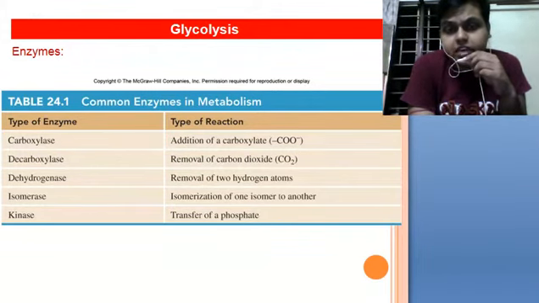The third is dehydrogenase, which is responsible for the removal of two hydrogen atoms. The fourth is isomerase. We all know that all isomerization reactions take place in the presence of isomerase. The fifth is kinase, which is responsible for the transfer of the phosphate moiety.